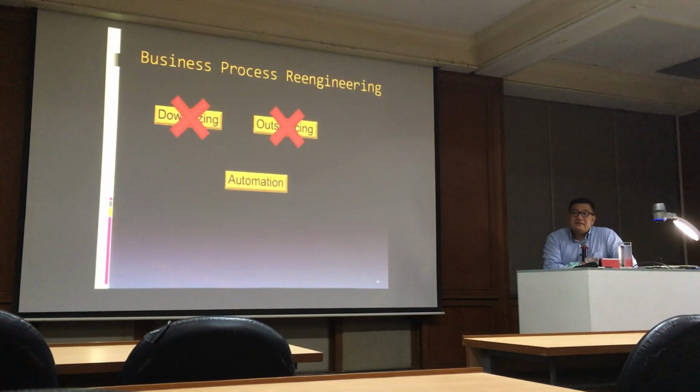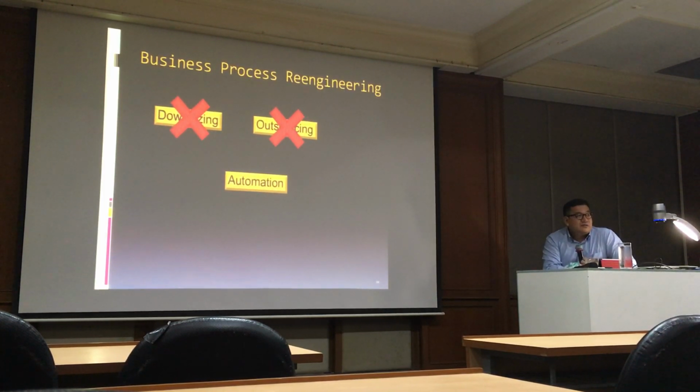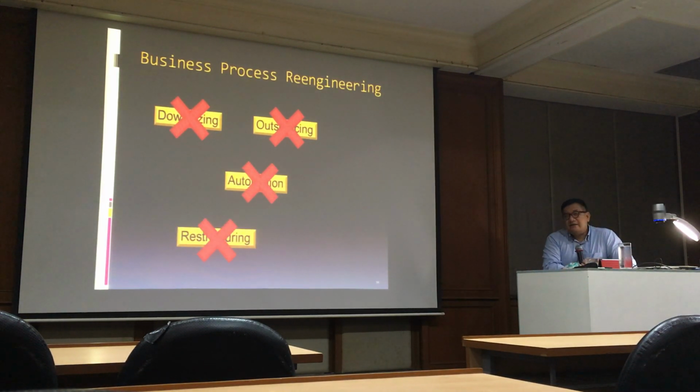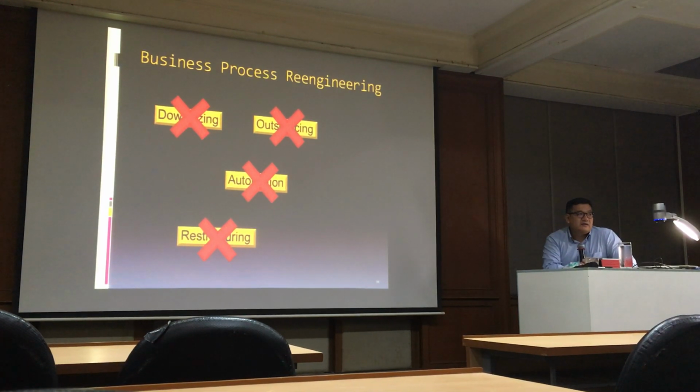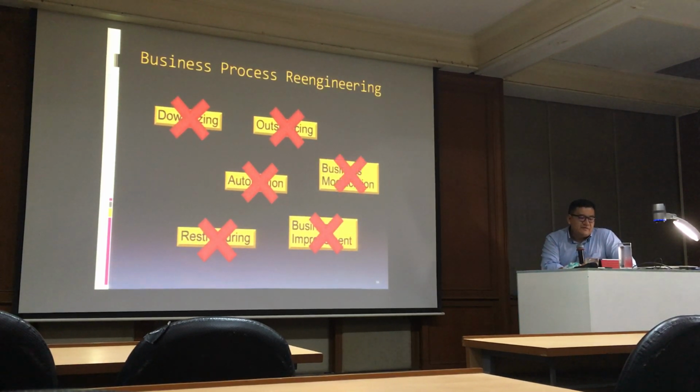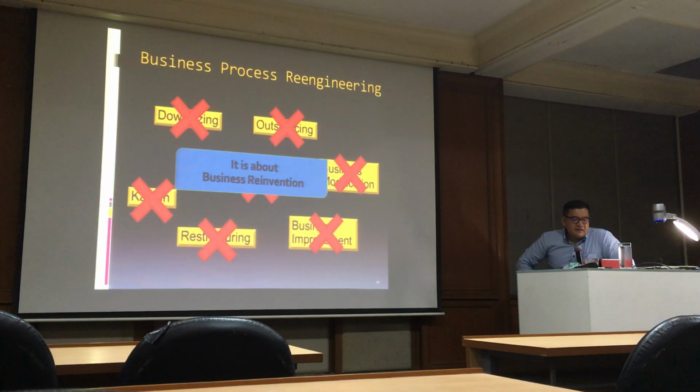And it's not just using automatic machines or technology to substitute, right? And it's not restructuring, but reengineering makes the organization change its structure. And not improvement, I will show you why. It's not modifying your business, it's not Kaizen, but actually process reengineering is about business reinvention, so you rebuild, right?